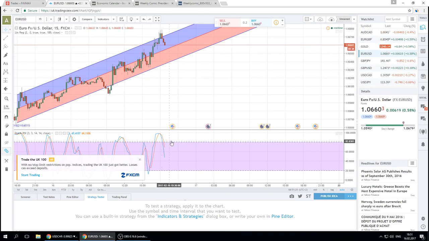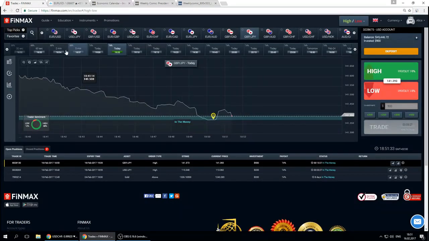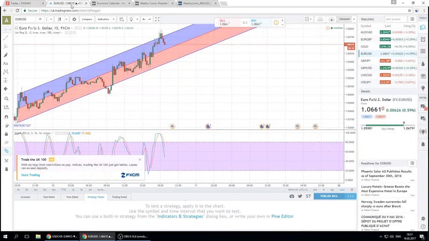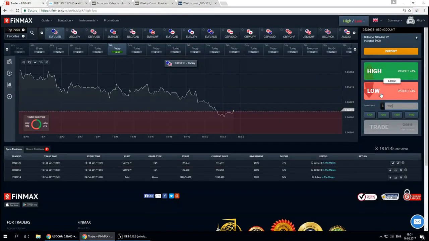Here on Euro USD also, basically the situation is pretty good to open the second trade. Also on Euro USD, on the 15 minute time frame.